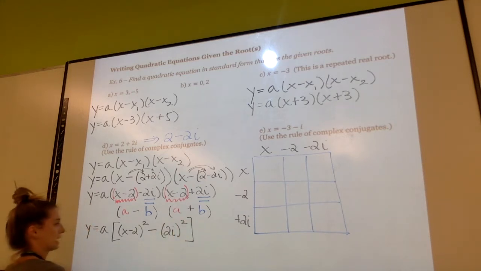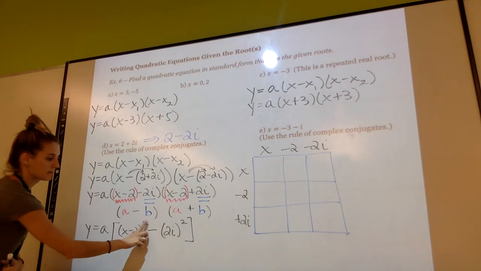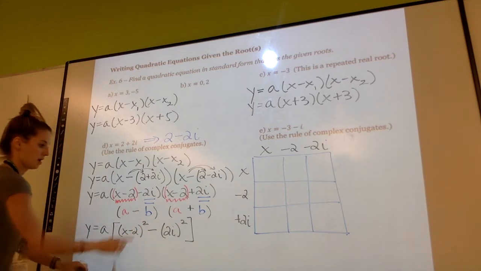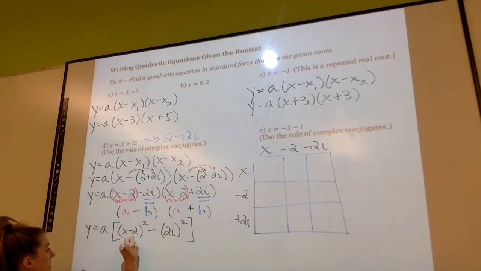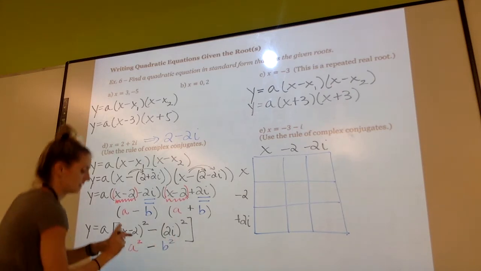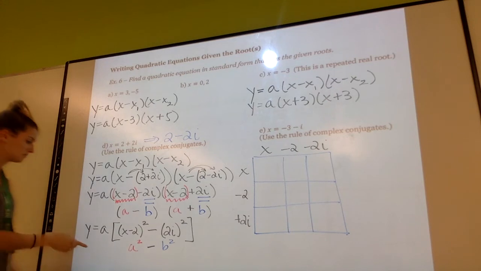I'm going to close the brackets. A squared minus b squared factors into a minus b times a plus b. This right here is a squared minus b squared. That's your difference of perfect squares.